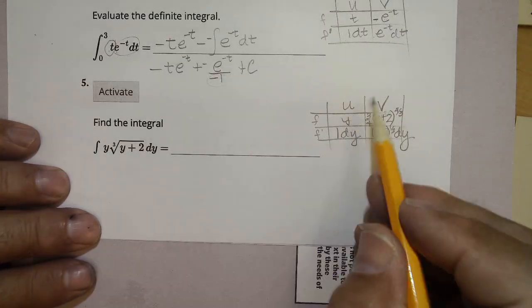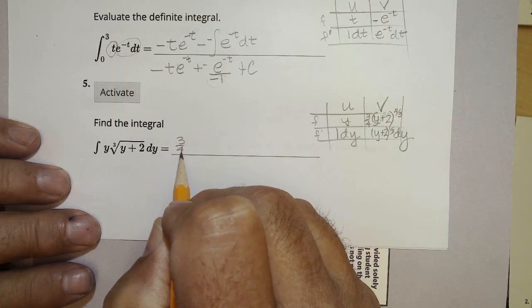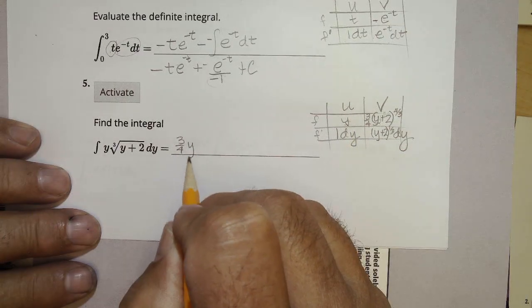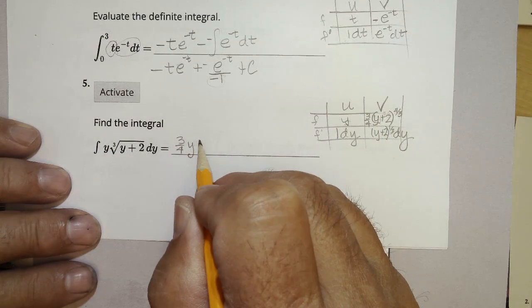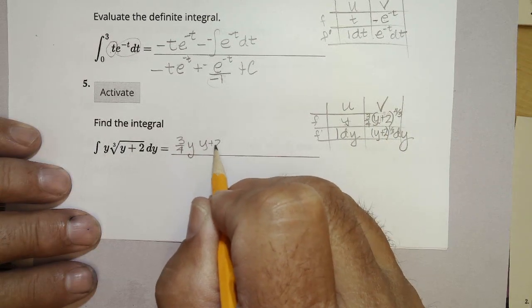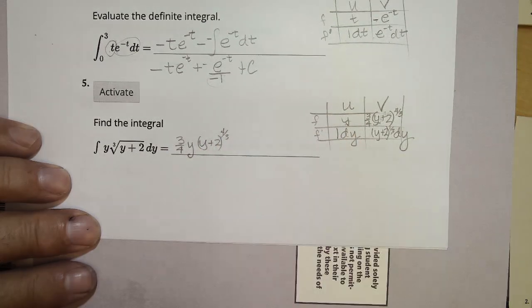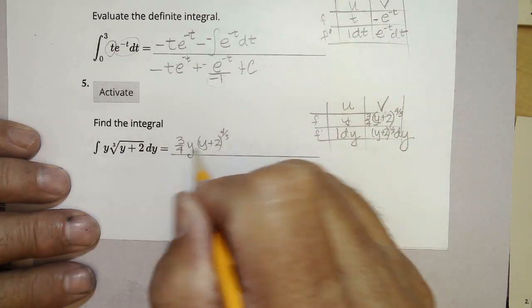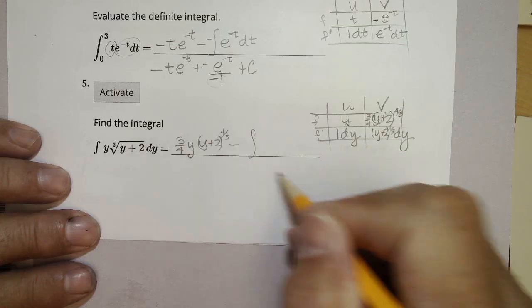So it's uv: 3/4 times y times y plus 2 to the 4/3, uv minus the integral of those two.